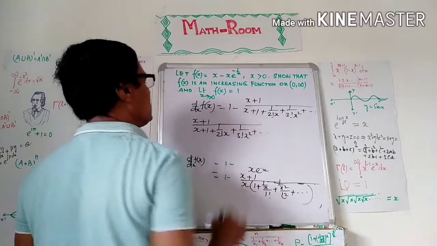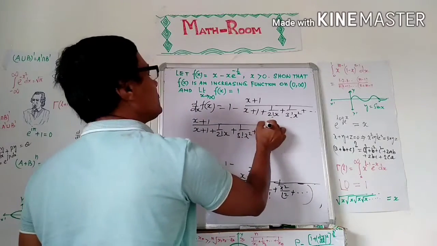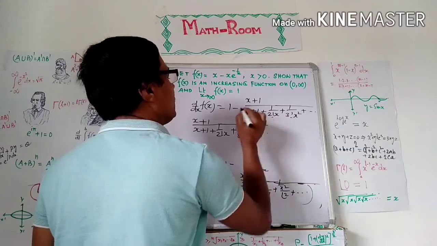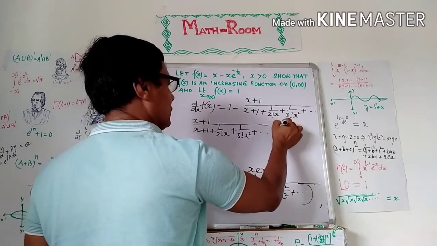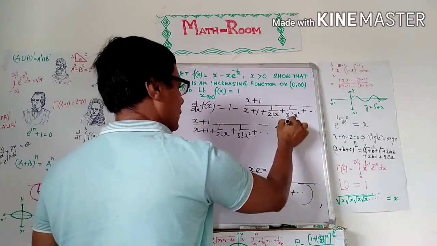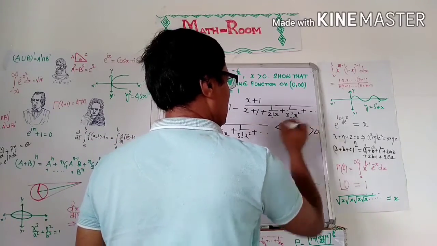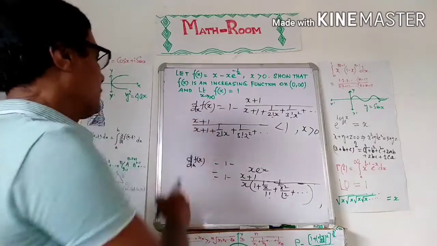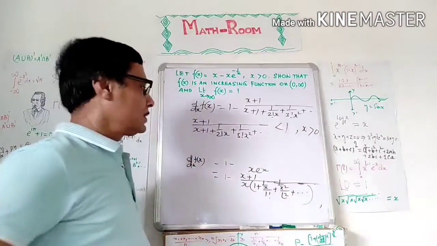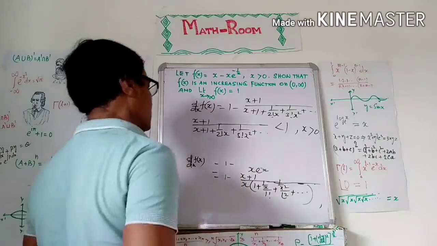This expression, but this term is also less than 1 for x > 0. The value of this term is always less than 1 if x > 0.